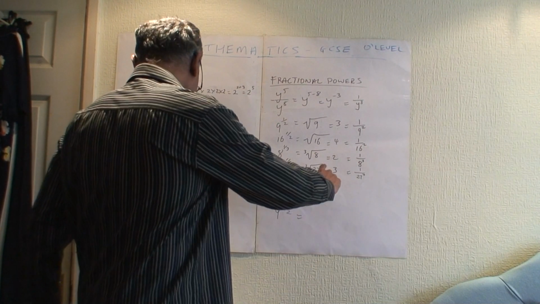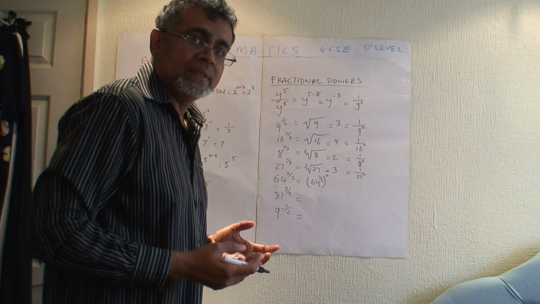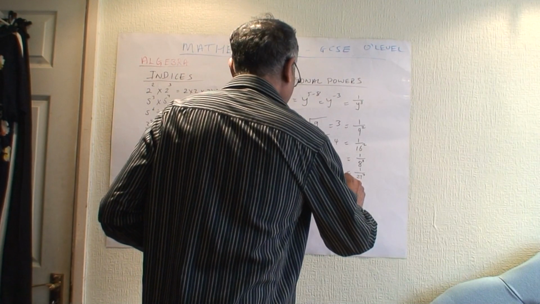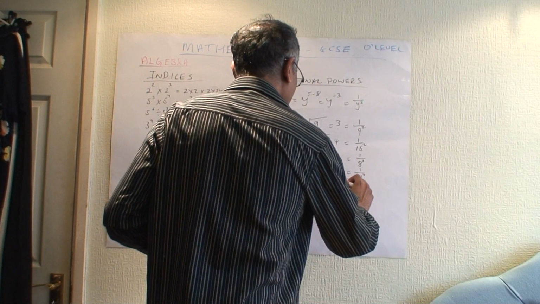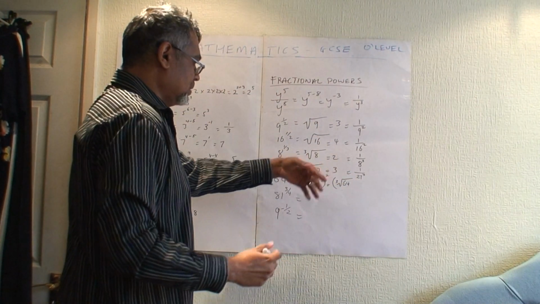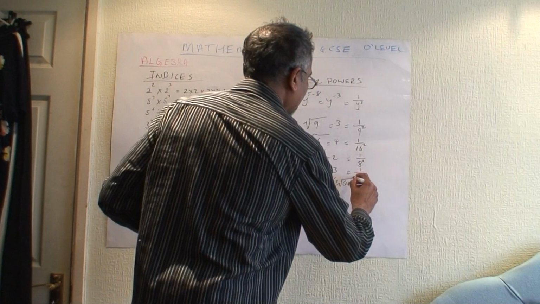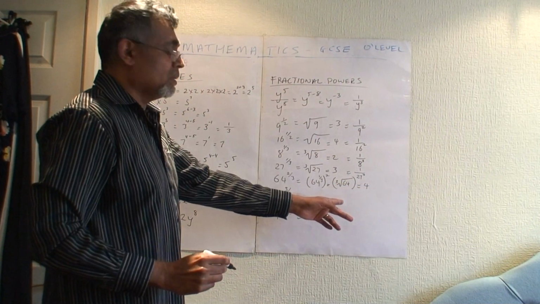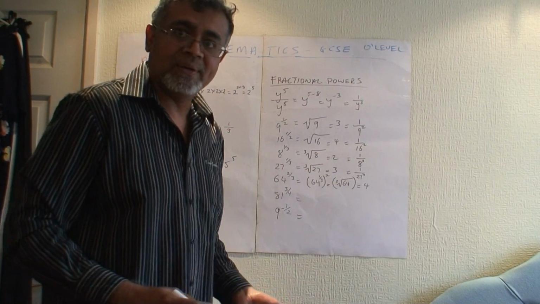Now, 64 to the power of a third is the cube root of 64. Okay, so we are looking at the cube root of 64. Right, what number times itself and times itself again gives you 64? Okay, we know that is 4. 4 multiplied by 4 is 16. 16 multiplied by 4 is 64.